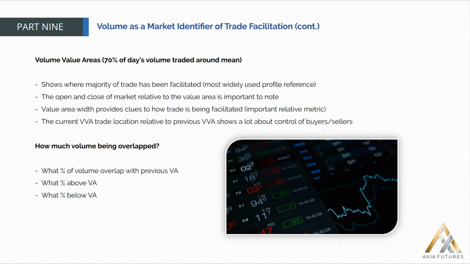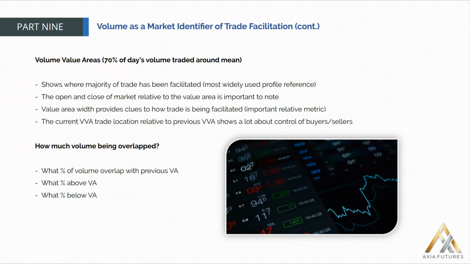Now, the open and close of the market relative to the value area is important to note. So for instance, if the market accepts value at the lower bound of prices over a period of a day, but closes on the high, that's telling us a lot about what occurred or the fight that went on during the day and who won the battle. Then, the value area width provides clues to how trade is being facilitated. So again, it's important to have this as a metric.